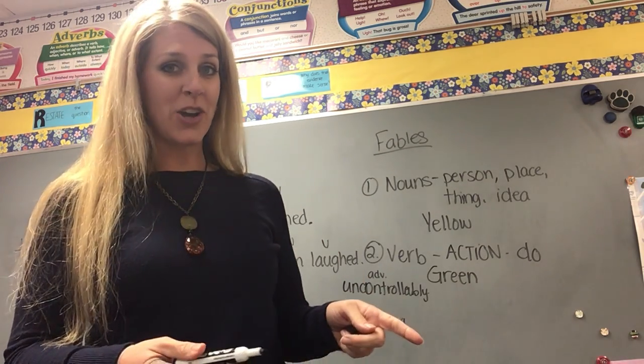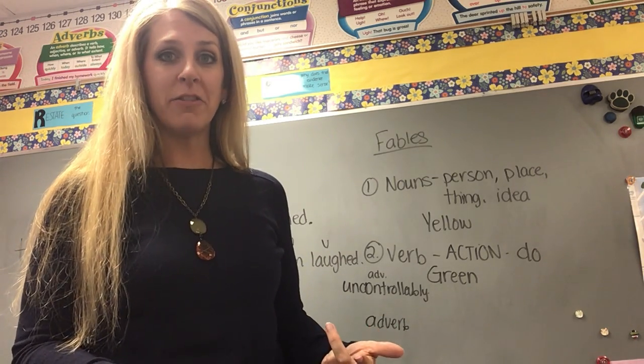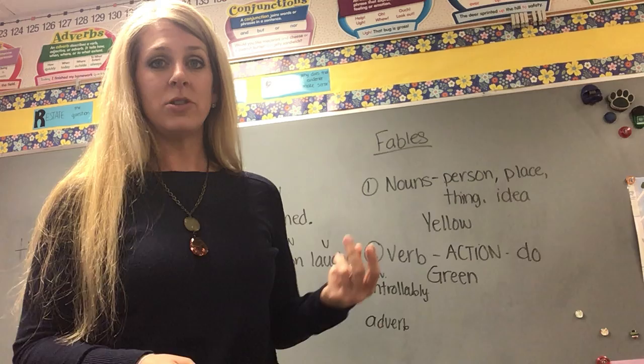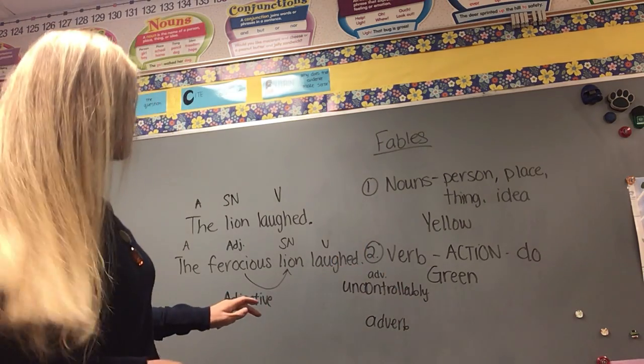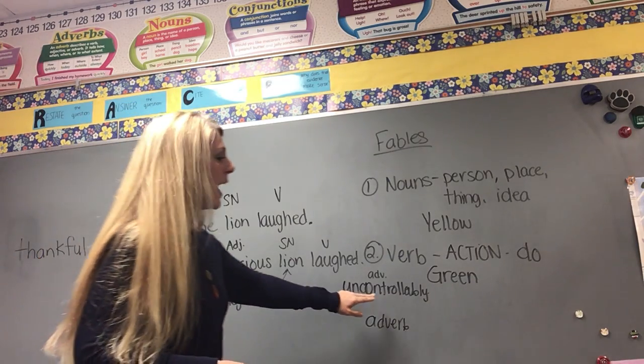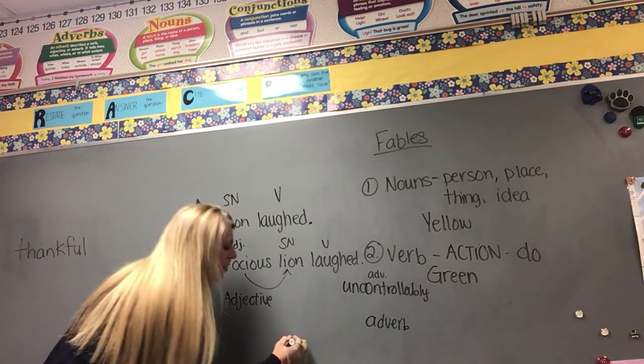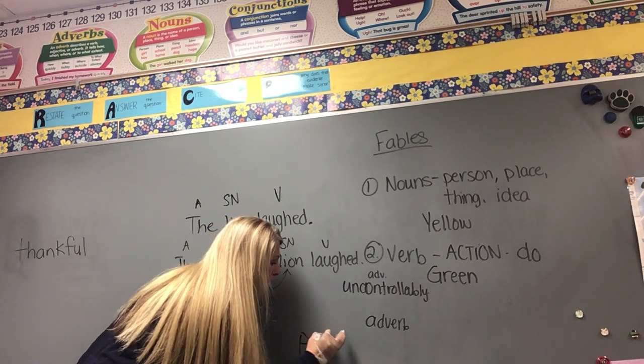So now your job is you're going to go back into that story and you're going to add a few more things. Look for those descriptive words. If you find either an adjective describing a noun, or if you find an adverb describing a verb, I want you to highlight that or color that pink.